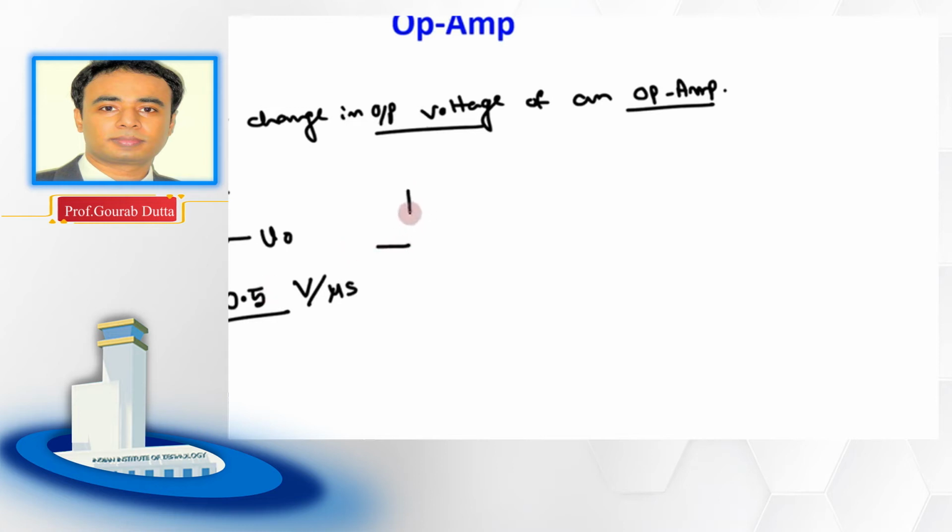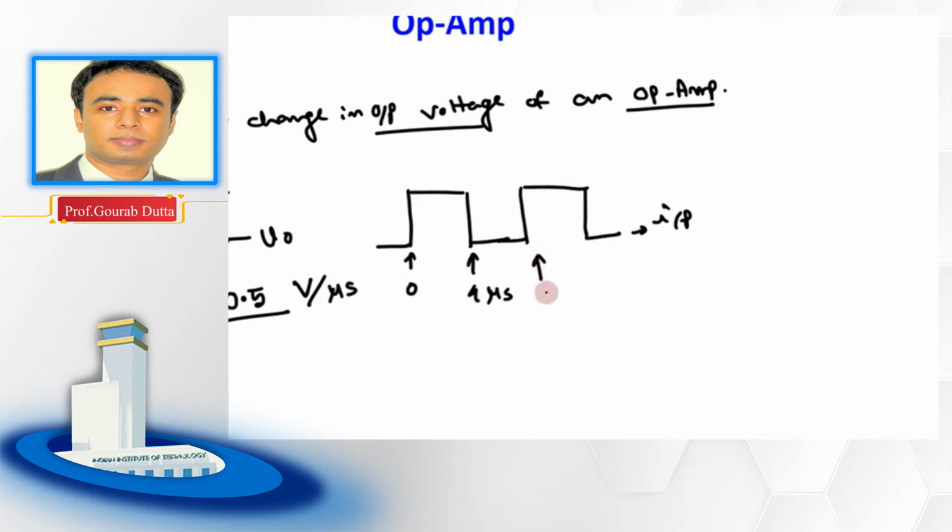Let us draw the input in black, where this time is 0, this is 4 microseconds, this is 8 microseconds, and this is 12 microseconds, right? But here the slew rate of this op-amp is given as 0.5 volt per microsecond.